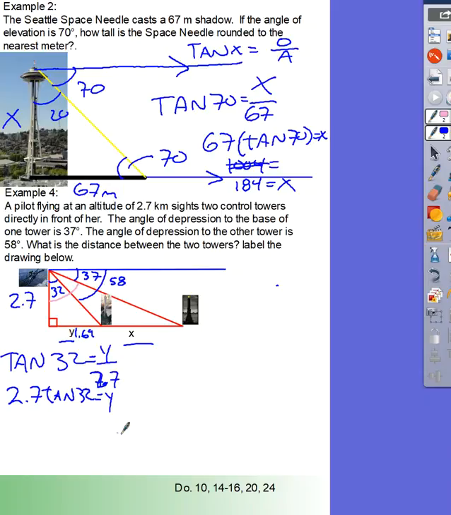Well, this whole thing has to be 90. 90 minus 37. So we have to borrow, so we get 53. So 53.